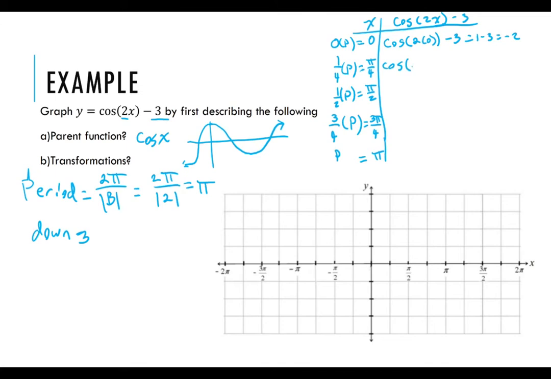Then cosine of 2 pi fourths, which is really cosine of pi halves, minus 3. Well, cosine of pi halves is 0. 0 minus 3 is minus 3. Cosine of 2 pi halves, well, that's cosine of pi. Cosine of pi is negative 1. Negative 1 minus 3 is negative 4.